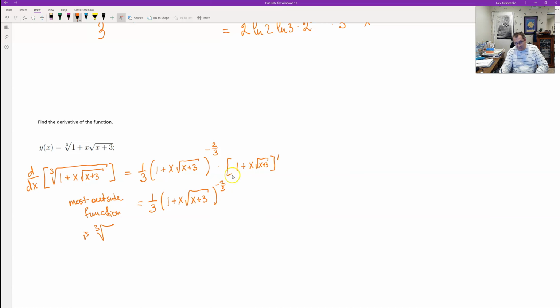And the derivative of the second one, well, derivative of 1 will be 0. And then we'll have to use the product rule. First, there will be derivative of x times the root, x plus 3, plus x times the derivative of root of x plus 3.